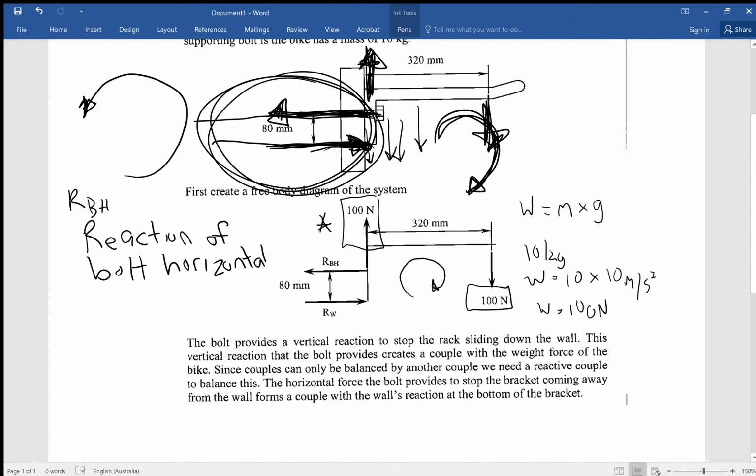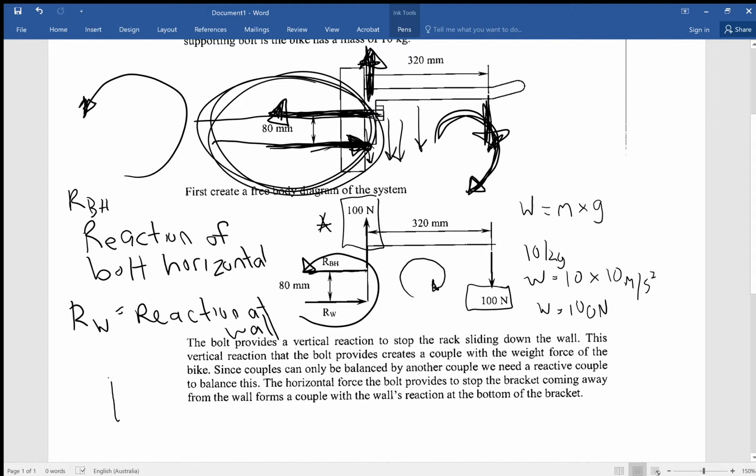Because what's happening is the bracket wants to pull away from the wall, so we need this horizontal force to hold it up against the wall. And it's balanced at the bottom by the reaction at the wall. So this couple here wants to make the whole thing go the other way, and that's the thing that balances it. So we can now look at our working out for this type of problem.